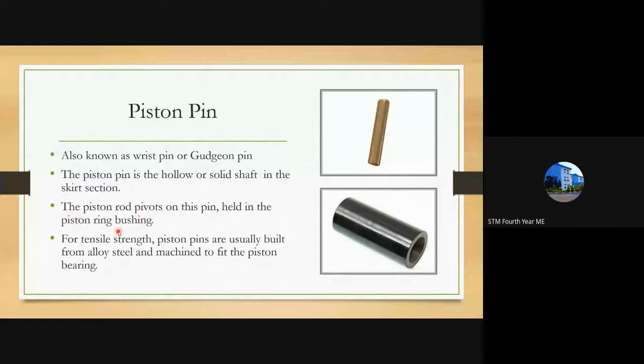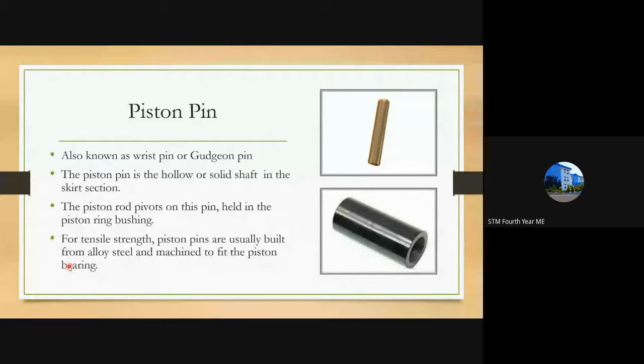For tensile strength, the piston pins are usually built from alloy steel and machined to fit the piston bearing. So alloy steel is used for piston pins, which provides sufficient strength. The piston pin is where the connecting rod is connected. The connecting rod pressure actually occurs at the piston pin.